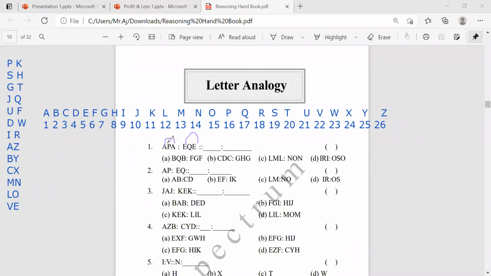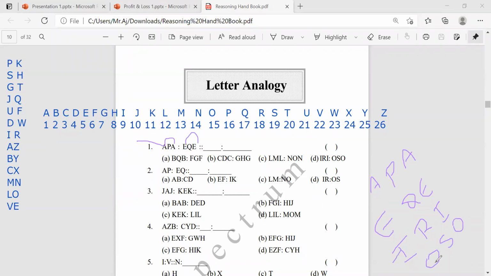So here we can take it as vowels, right? This is a vowel, and A, a vowel, has P in between. And E is a vowel, and in between Q is there, and again a vowel. Then the next one: here it is not vowels, so only this one, I. I is a vowel and R is there, and again O is there, and S is there, and again O is there.